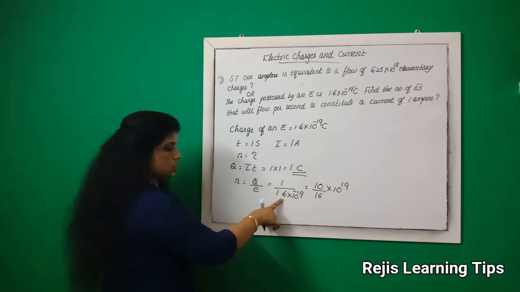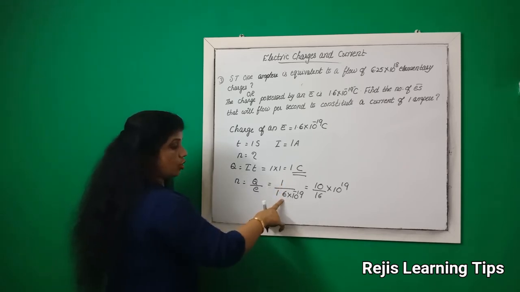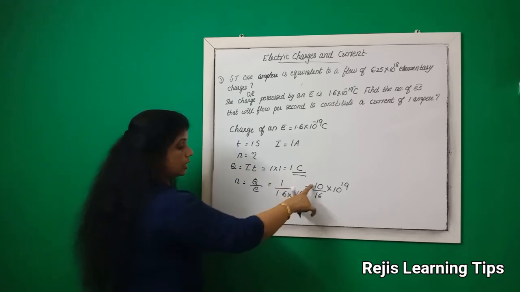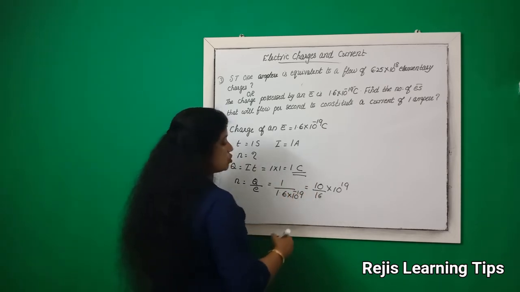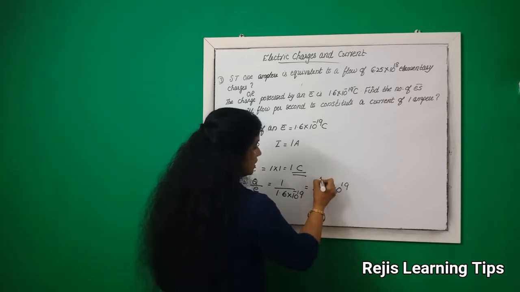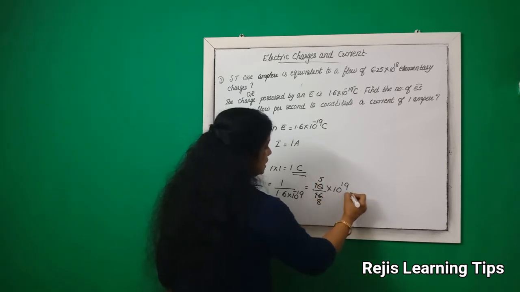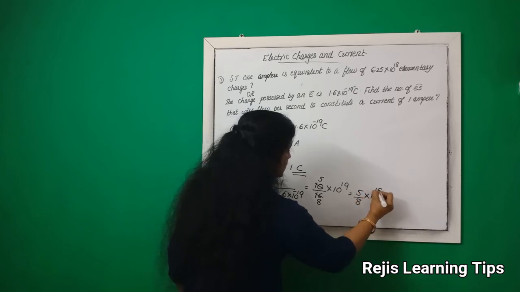We can remove this decimal point by multiplying both the numerator and denominator by 10. So 10 divided by 16 into 10 raised to 19. Then we can cancel 10 and 16, we will get 5 by 8. Then 5 by 8 into 10 raised to 19.